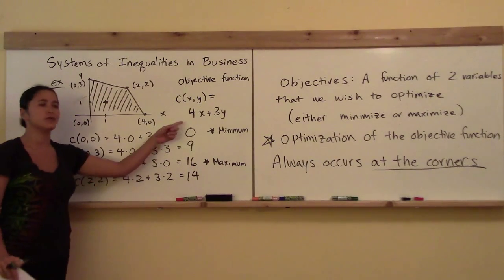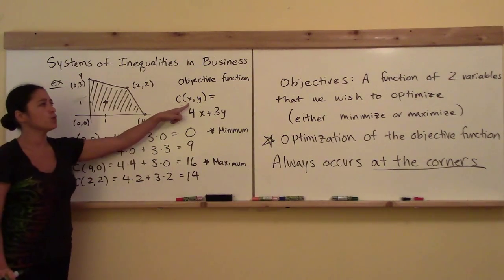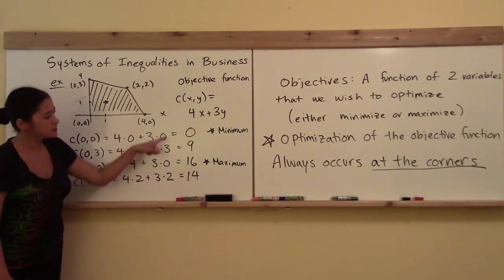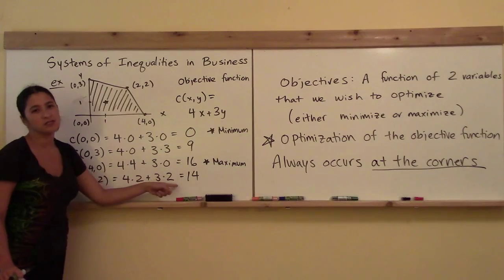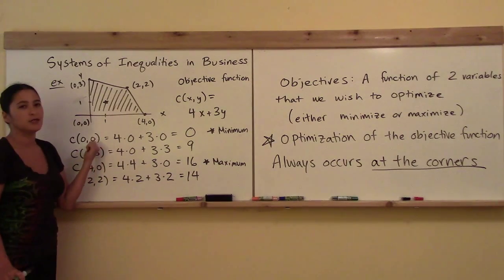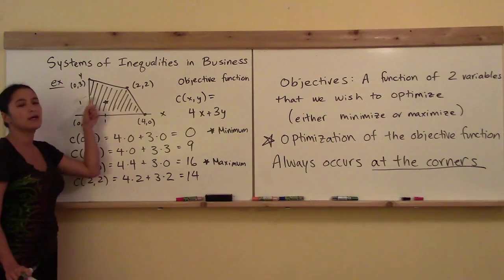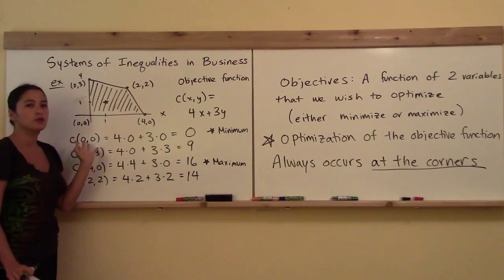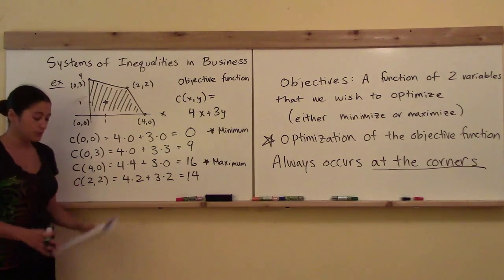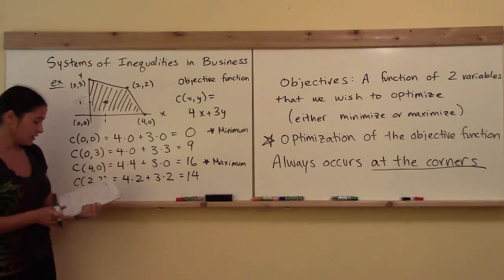Well, actually just roughly evaluating it, if I put 1 and 1 inside there, I would get 4 plus 3, which is 7. And you can see that amongst these values, 7 is neither a minimum nor a maximum. And so what that starts telling me is that I don't need to look anywhere inside here. Just the corners will give me the minimums and they'll give me the maximums. That's pretty nice. It really cuts down on the work.